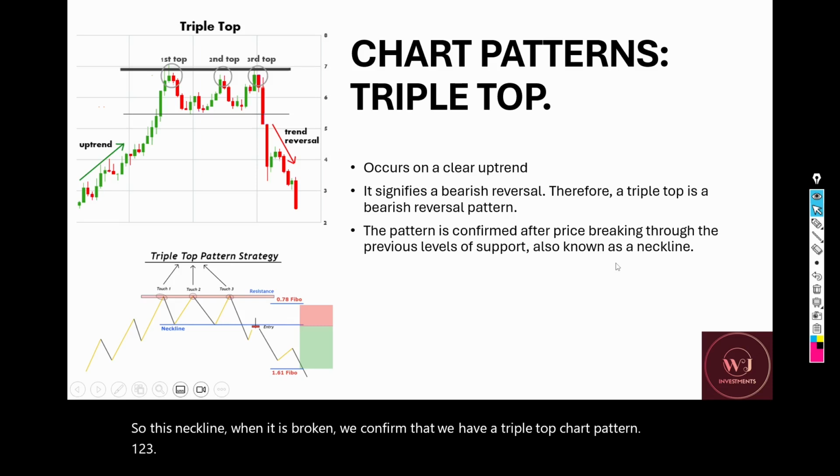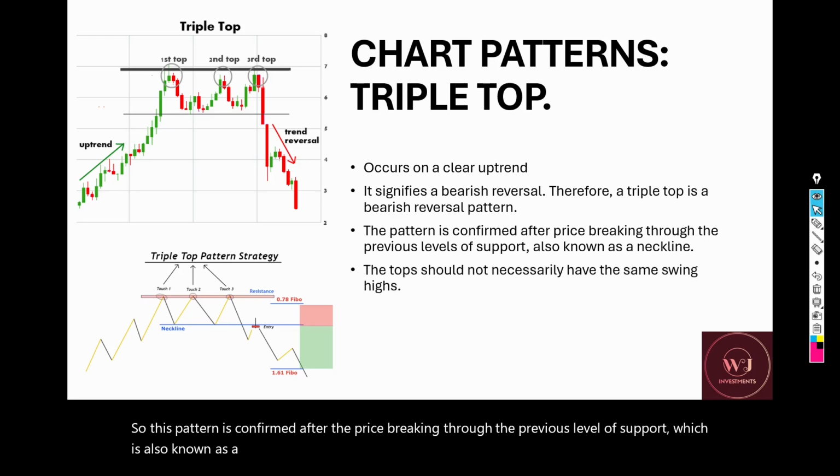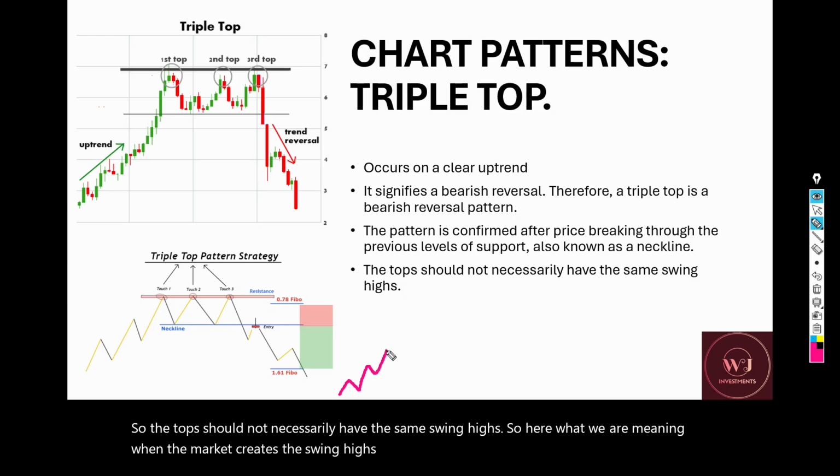So this pattern is confirmed after the price breaks through the previous level of support, which is also known as a neckline. So the tops should not necessarily have the same swing highs. What we mean is, when the market creates these swing highs, you can see that the market is on a clear uptrend.